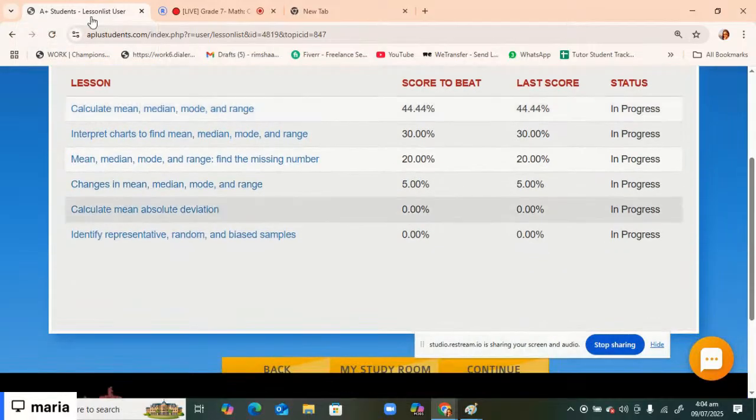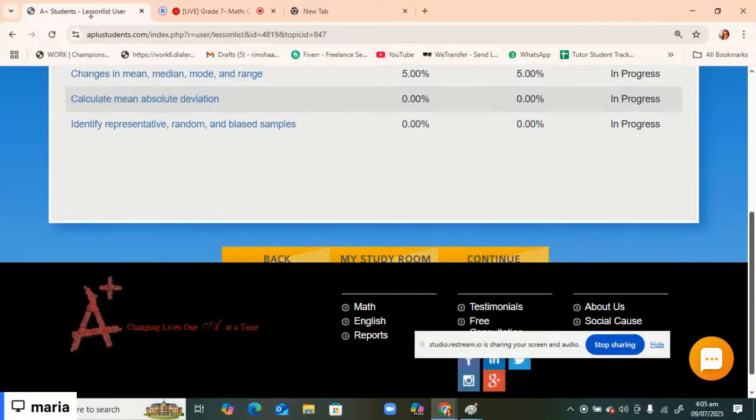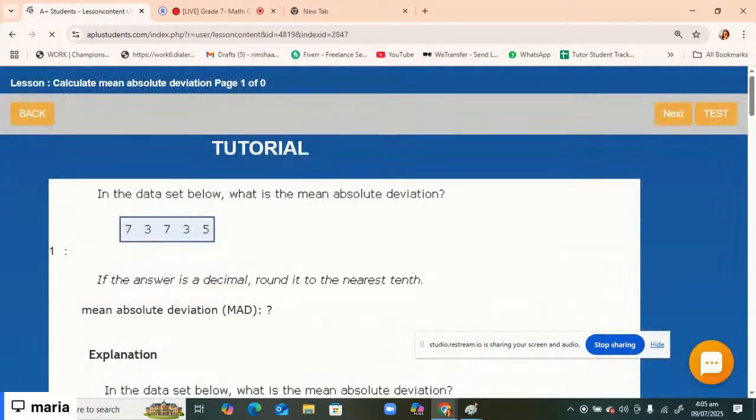And the lesson we cover today is calculate the mean absolute deviation. In the data set below, what is the mean absolute deviation?